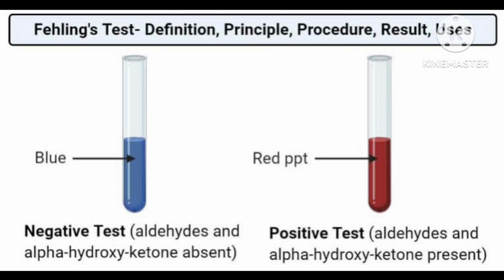Second is the silver complex of ammonia, two molecules of [Ag(NH3)2]+, plus 3 OH minus. When it reacts, it will form RCOO minus, the carboxylate anion, plus 2Ag plus 2H2O plus 4NH3.